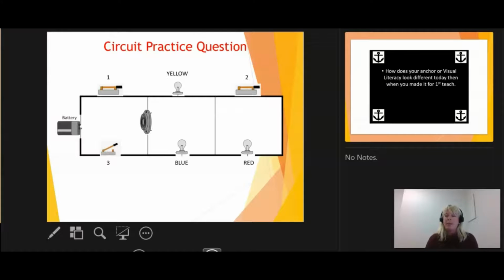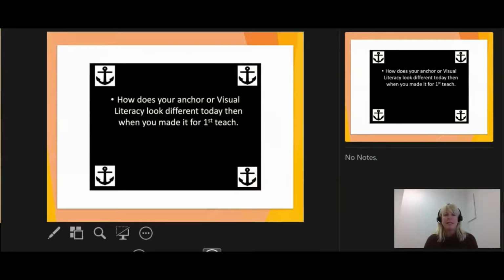For instance, how many devices are on in this circuit question? What happens when I close switch number 3? How many devices are on now? What's the only way to get 3 devices on that include yellow, blue, and the buzzer? All good questions and very good rigorous practice.